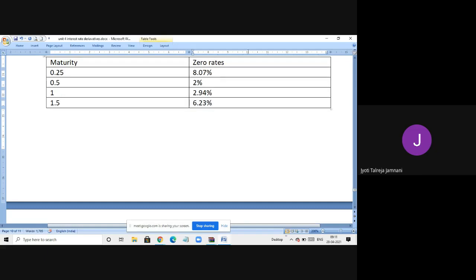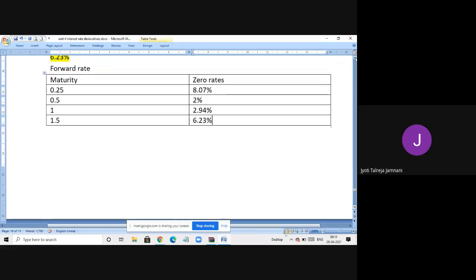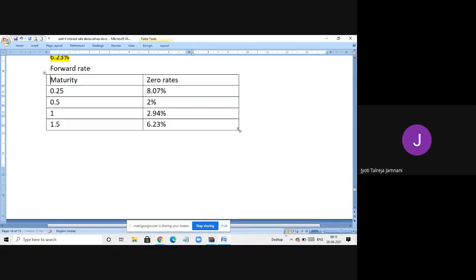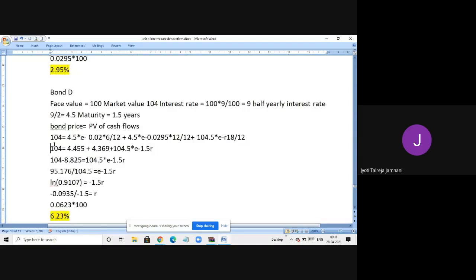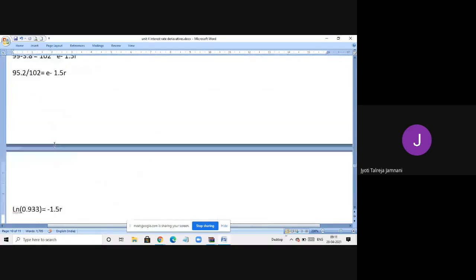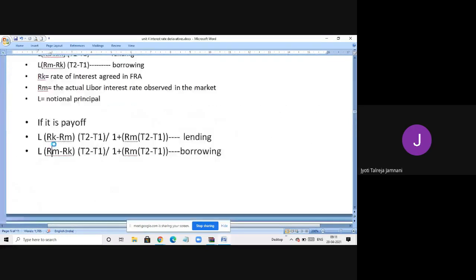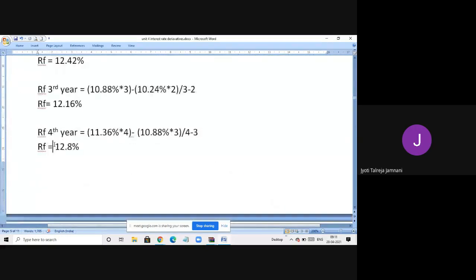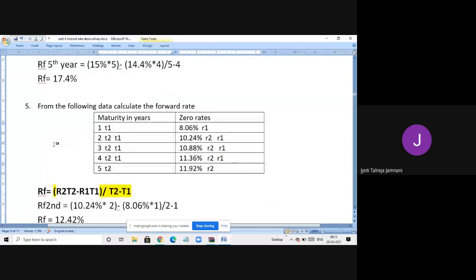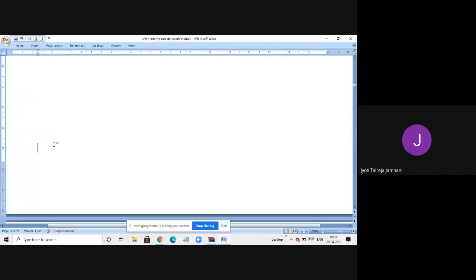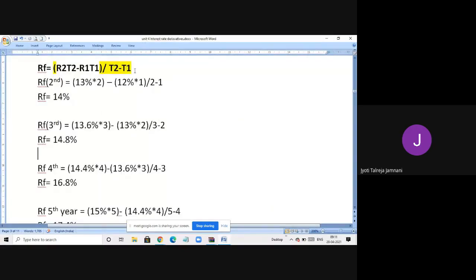If you remember, when we did forward rate sums, this table was given in the question and we were solving using that formula. So I'll just copy the formula from above. We have done many sums on forward rate. I hope all of you remember those sums. This is the formula.